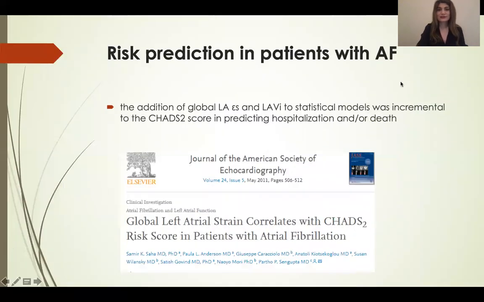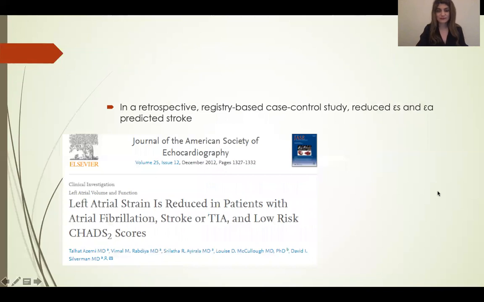According to this study, published in the Journal of the American Society of Echocardiography, global left atrial strain was well correlated with the CHA2DS2 risk score in patients with atrial fibrillation.